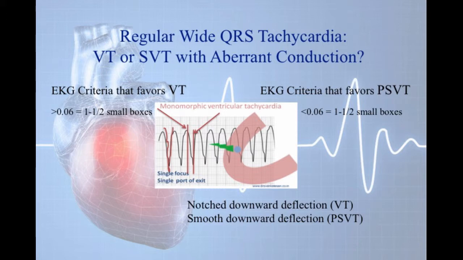However, if you identify the full downward notch, you can cut that whole morphology in half, and if you have greater than 0.06, which is half of the wide QRS complex criteria of 0.12, you probably have VTAC. This is just an easy way to see half the rate from the positive downward deflection to half.